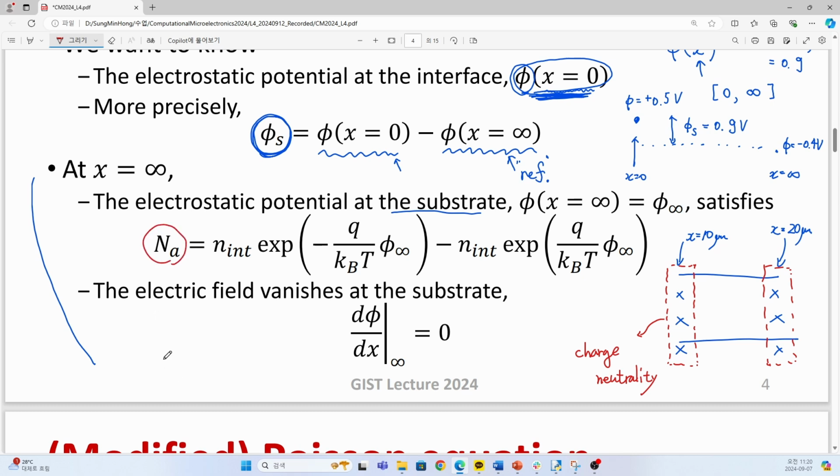Acceptor is negatively charged, so we have to consider acceptor density with a minus sign. Then how about holes? Holes are positively charged, so we must have hole density here with the positive sign. And how about electrons?